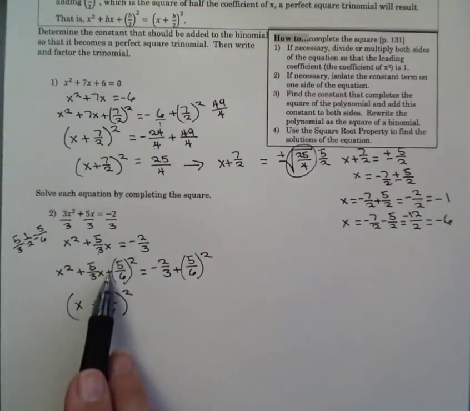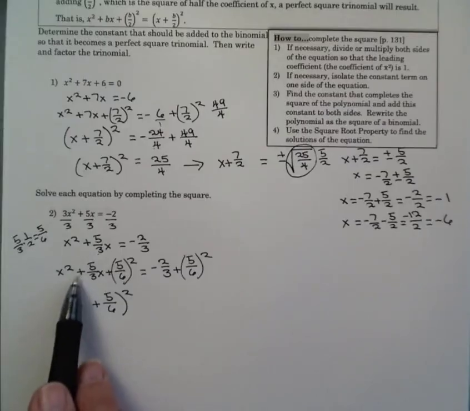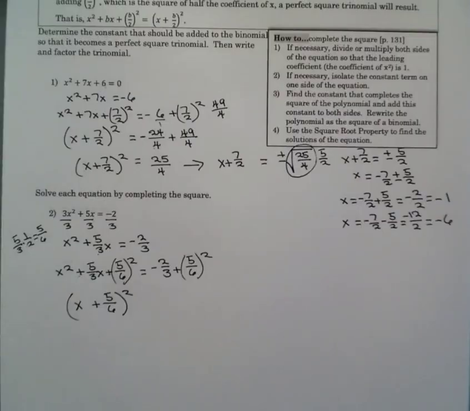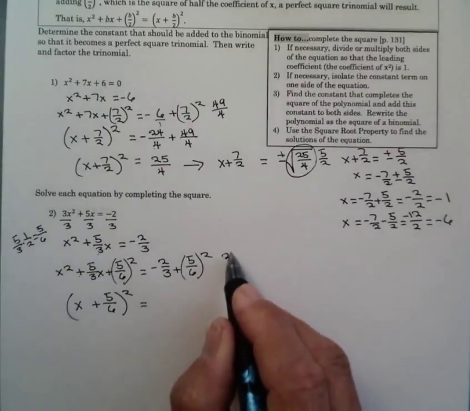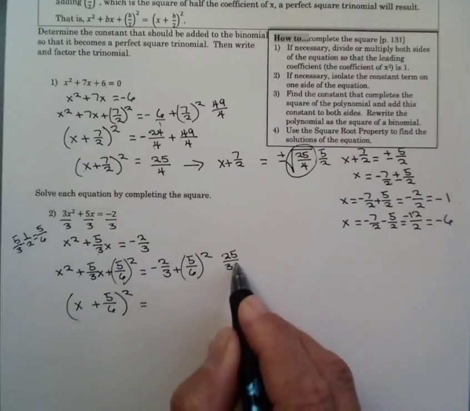Perfect square trinomial. That plus sign tells me to look at the first sign for both factors, and the first sign is positive, so they're both going to be positive. Now that's perfectly ready to go ahead and take the square root. We're going to have to simplify this side, though. I've got 5/6 squared, which is really going to be 25/36, isn't it?